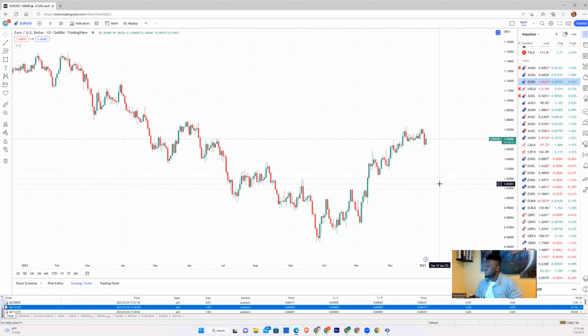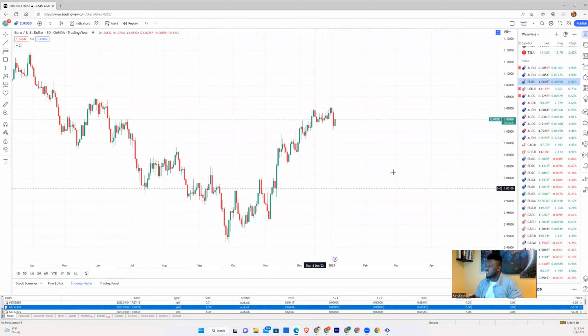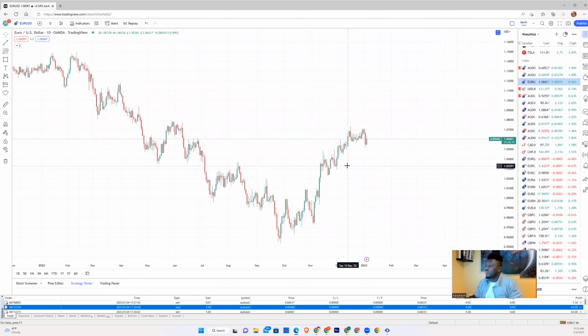Okay. So based on what we can see here on the daily time frame, again, market made a pivot down here. Nice pivot. You can see the doji and the nice push up, the higher low, higher high, higher low. So market pretty much made a nice pivot.